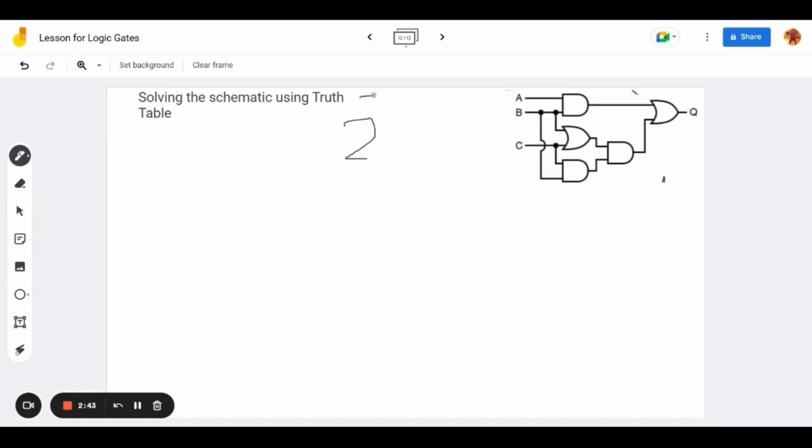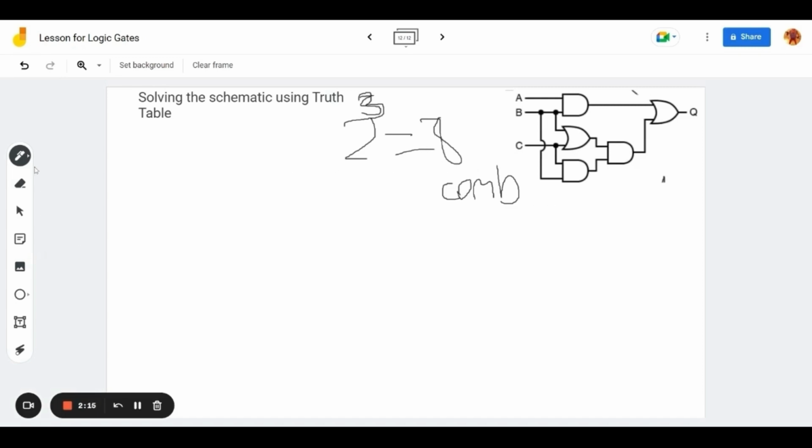So we would do 2 to the power of 3, which gives us 8 combinations. That means we're counting from 0 to 7, as I explained earlier. The first column would be 1, the second column would be 2, and the third column would be 4, as the first column always starts with 1, and the columns after that are the exponents of 2. So 2 to the power of 1 is 2, 2 to the power of 2 is 4.